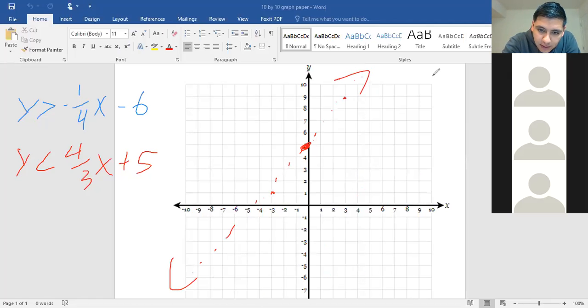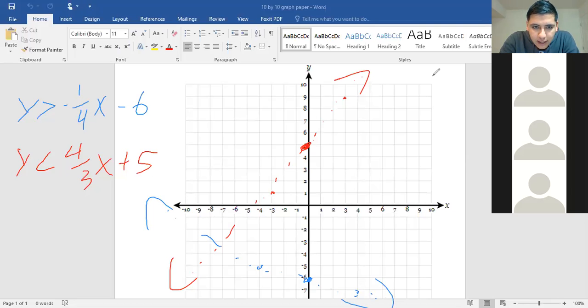We're going to go down to -6. And this one actually has a negative slope, so it looks like it's going to be down 1, 1, 2, 3, 4. So it looks something like this. And the shading for this one goes on top.